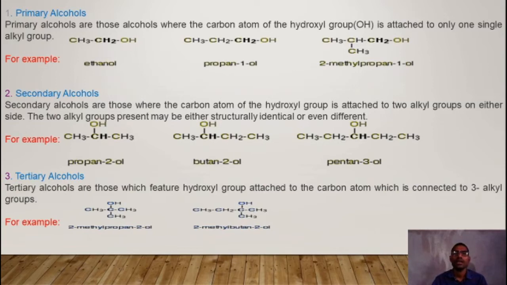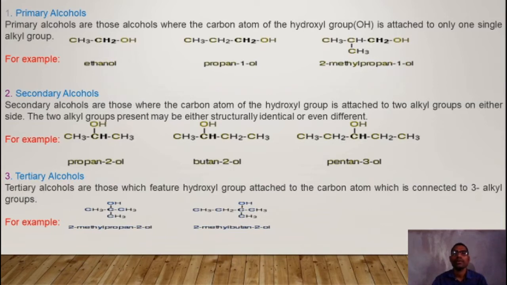Secondary alcohols are those where the carbon atom of the hydroxyl group is attached to two alkyl groups, one on either side. These alkyl groups may be the same or different, meaning structurally identical or even different. For example, propanol, butanol, or pentanol.